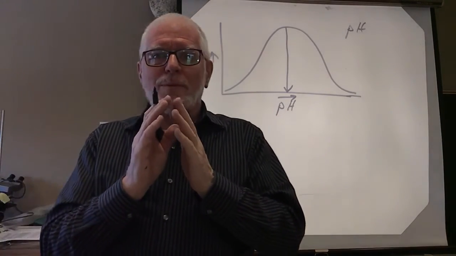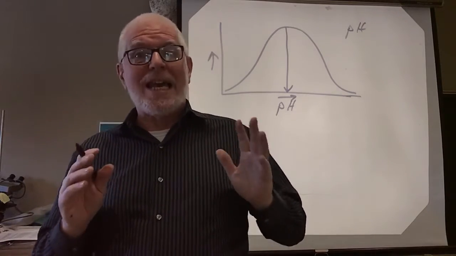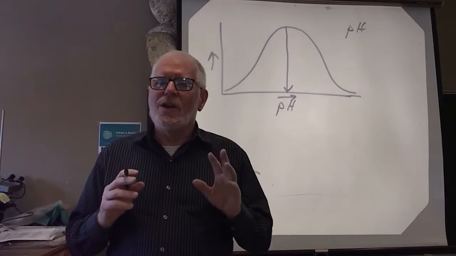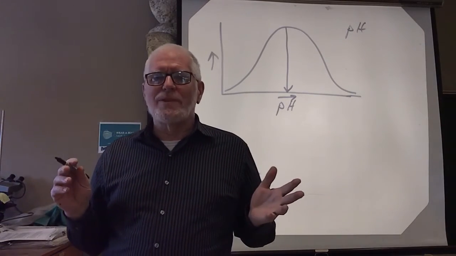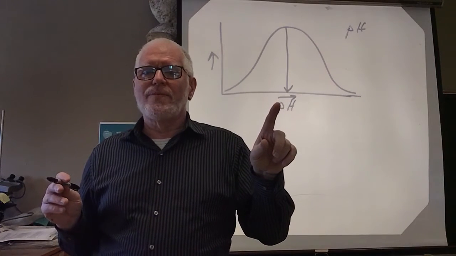There's an optimal pH, and if you move it in either direction for biological systems, it tends to drop off pretty doggone fast. Now, the question is, why are the enzymes not working well on either side of this particular point?